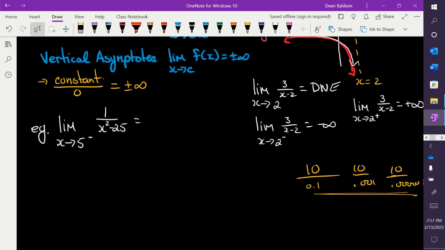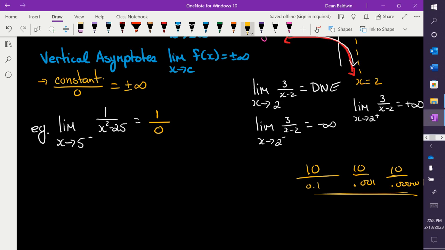Okay, so this is what we're trying to do here. I know the top is always going to be 1 for this function, right? That's not going to change, so I'm just going to put 1. I know if I put 5 into this function, what am I going to get? 0. Okay. So this is a sort of new notation. I didn't used to do it this way, but a PhD in math showed me how to do this, and I really like it. So you know it's going to be 0.